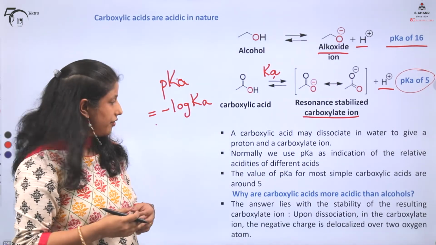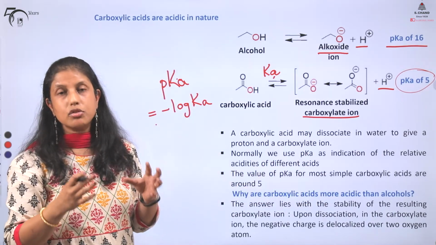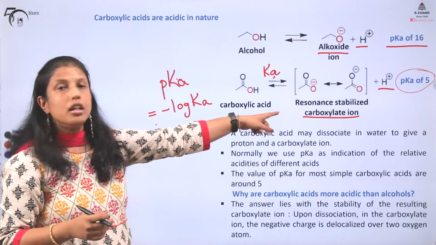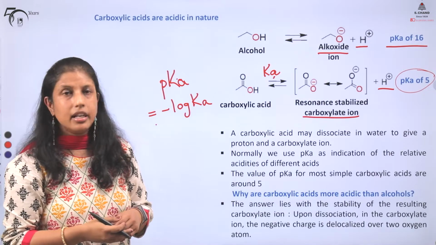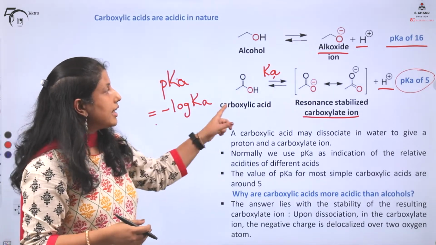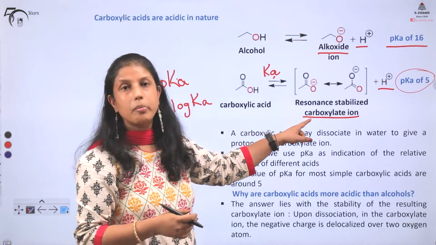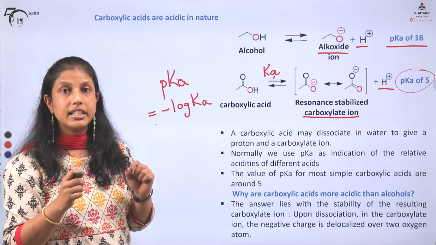So why this difference? Why are carboxylic acids stronger acids than alcohols? Well, look at the structure of the carboxylate ion. Here you can see that upon dissociation, once the acid forms the carboxylate ion, this carboxylate ion is resonance stabilized.